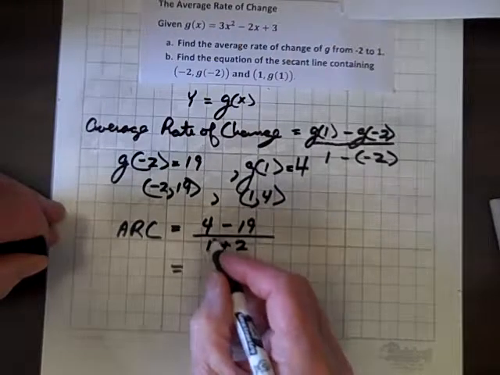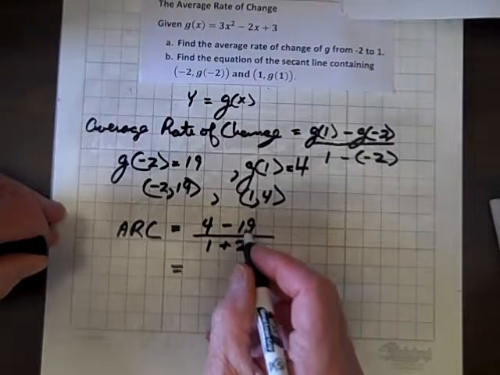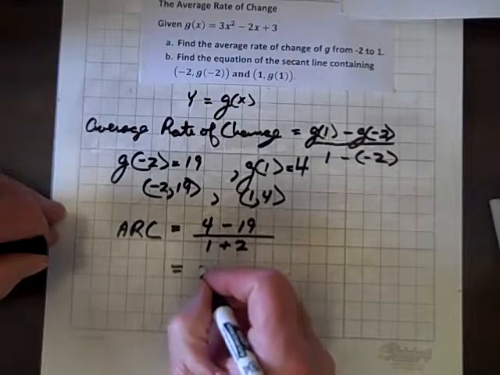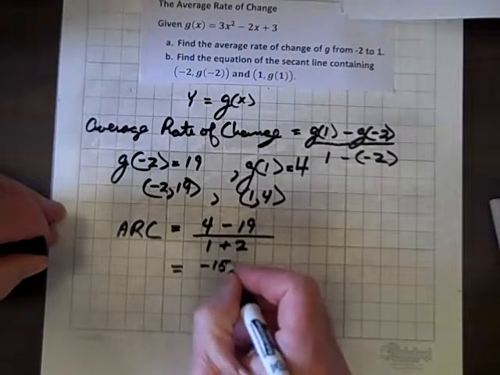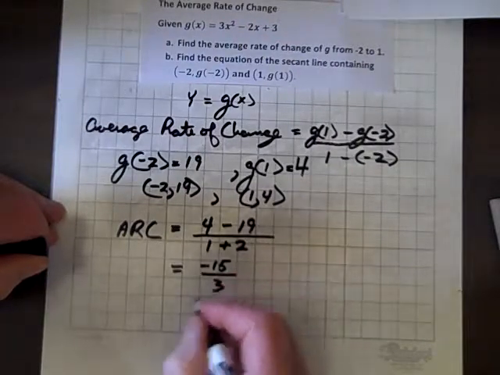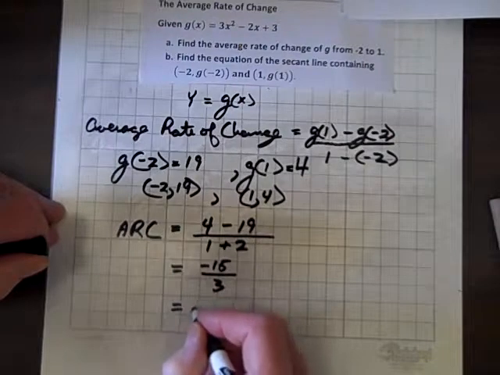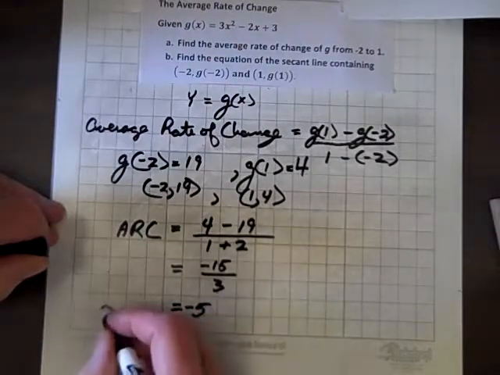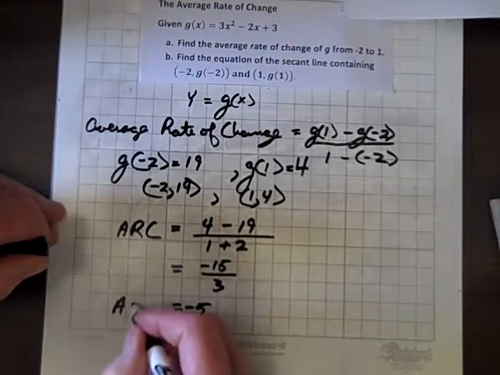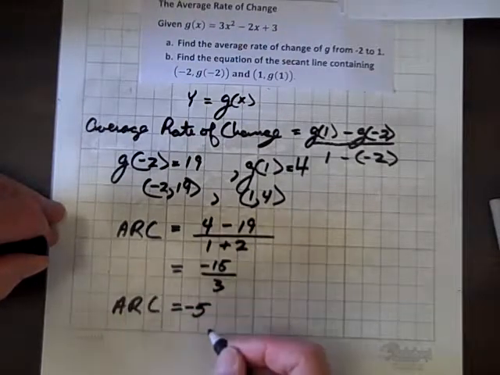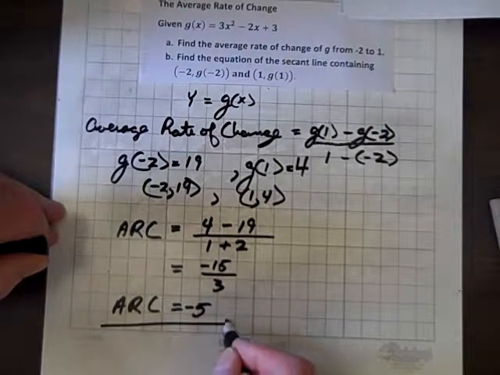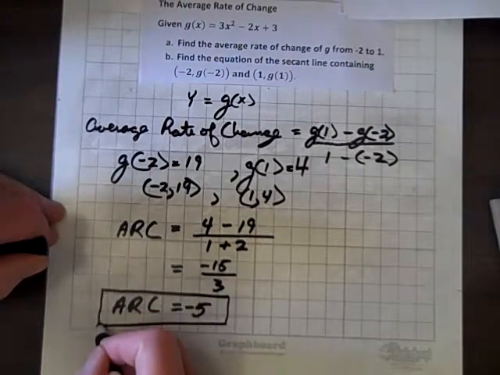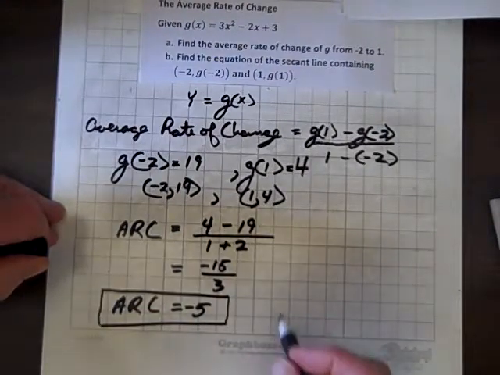And simplifying this, 4 minus 19 is negative 15 over 3, and that equals negative 5, and that's our average rate of change between the two given points on the function g of x.